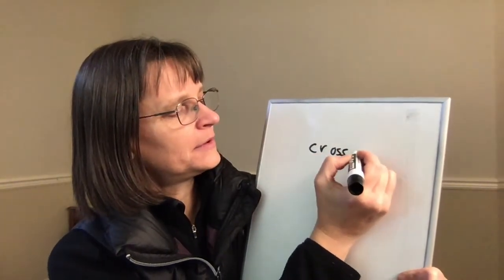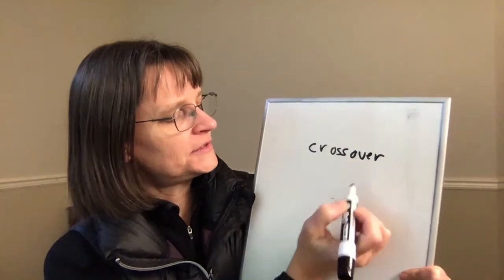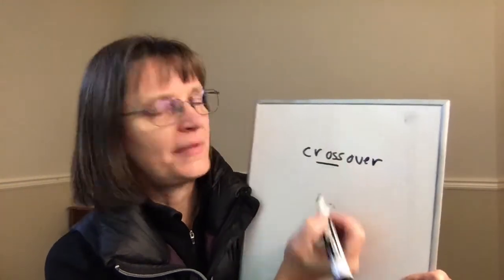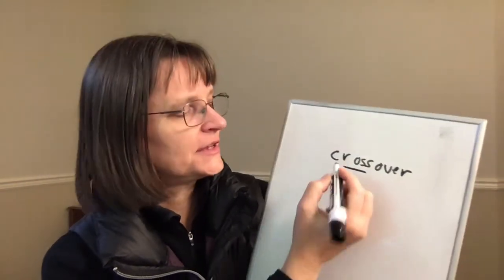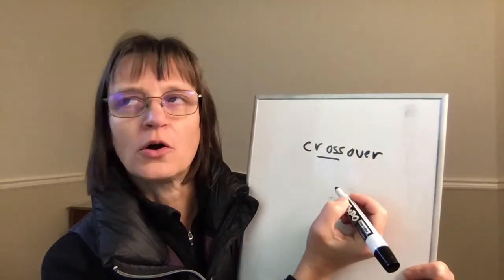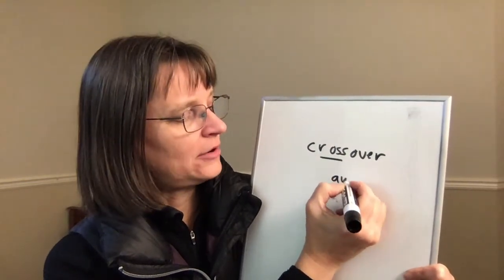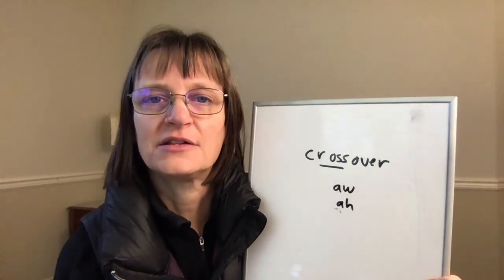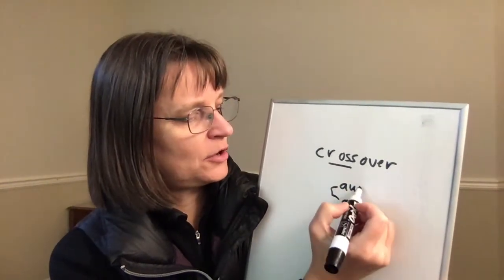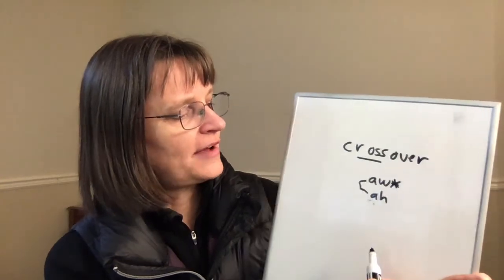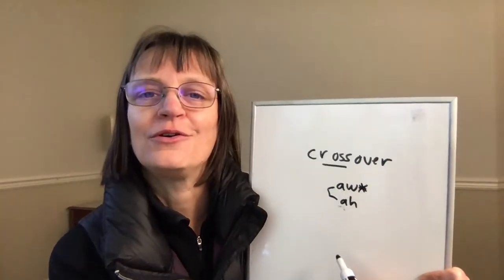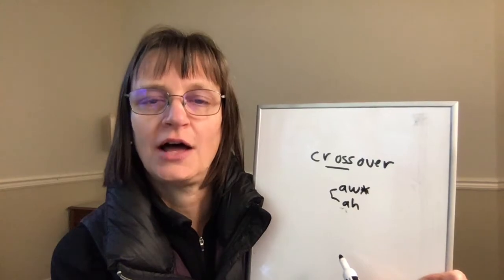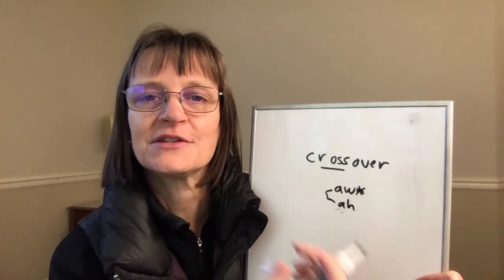Let's move on to the word crossover. This is a compound word, main stress on cross. It has the vowel. You could also probably use this with an ah vowel. It's kind of in between. I would go with this one, the law vowel, but the two vowels have merged somewhat in some places.